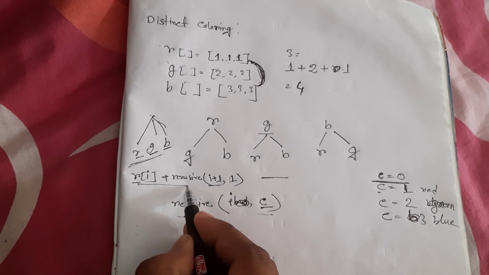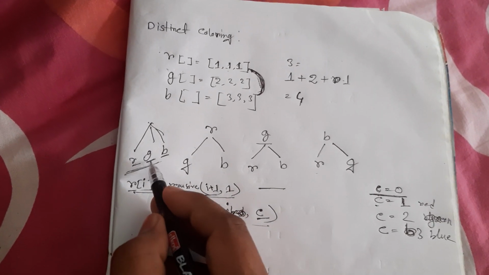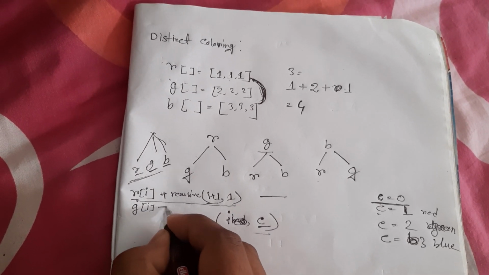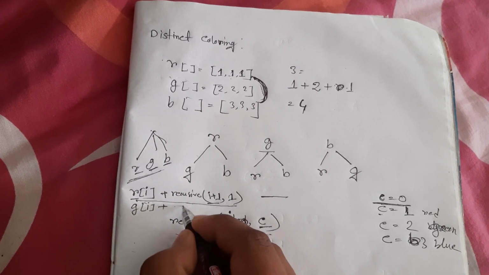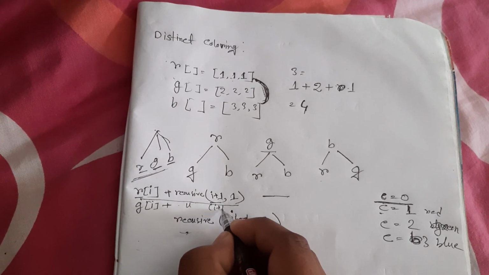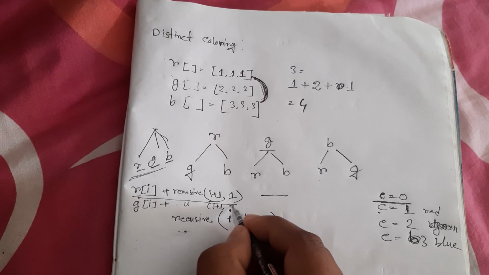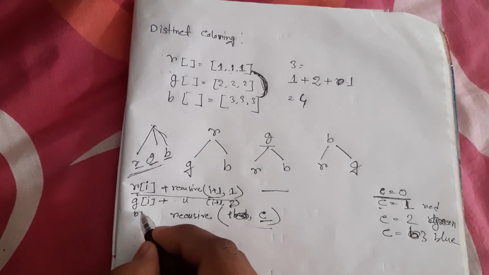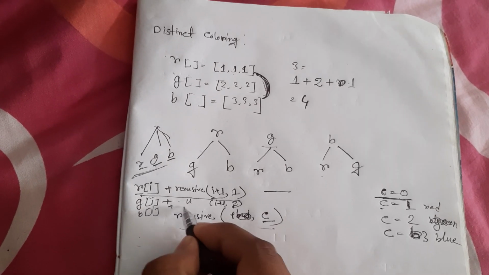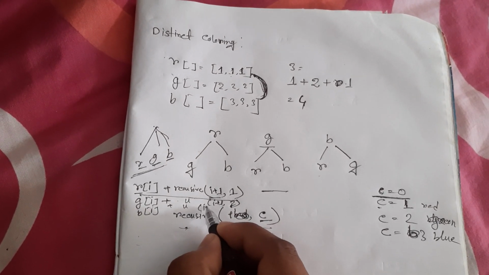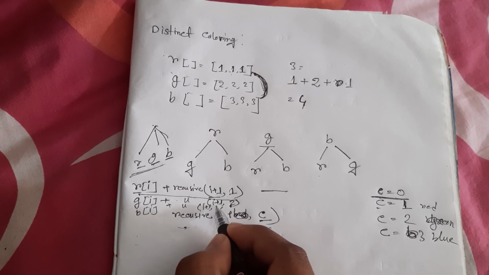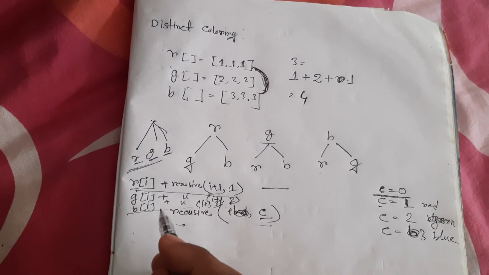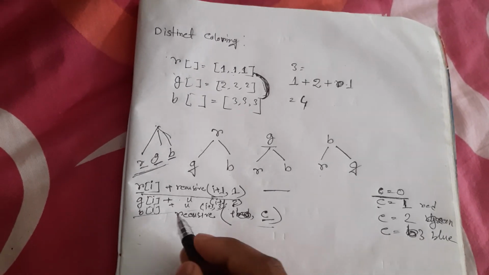If we choose red, we go with this solution, but we have three options, so we will also choose green. So G of I plus 1 recursive call, as we choose green, we pass 2 here. For blue also, B of I plus 1 recursive call, and here we pass 3. These three we will call, and whatever the minimum value of these is, we should return.